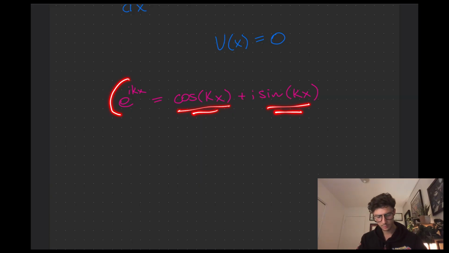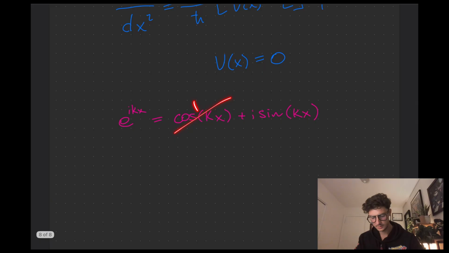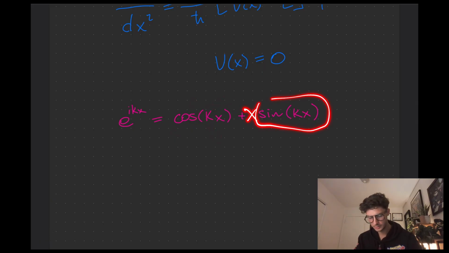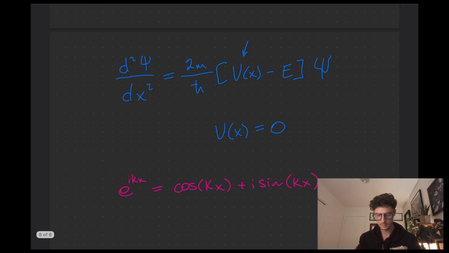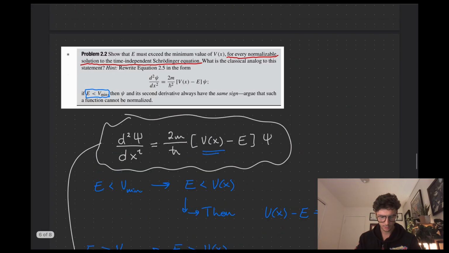For the free particle, it's nice to write it like this because it represents traveling waves a little bit better. But for the square well, you don't need to do this because the boundary conditions kind of remove one of these, and you don't have imaginary solutions either. So you could just use a sine to talk about the particle in a box. So let's go back to this solution and see what we can argue here.